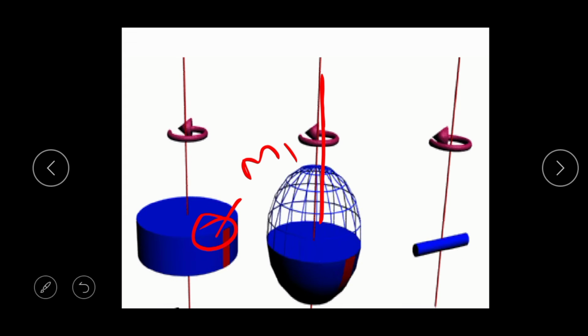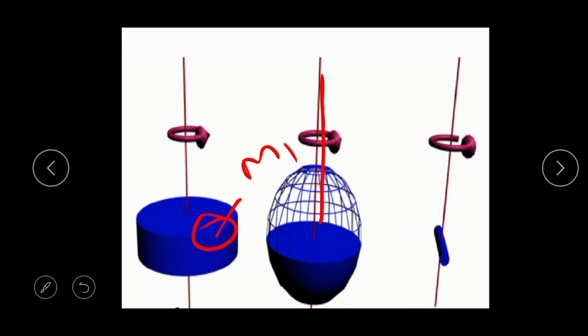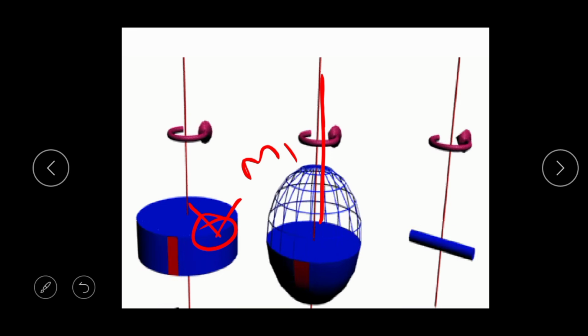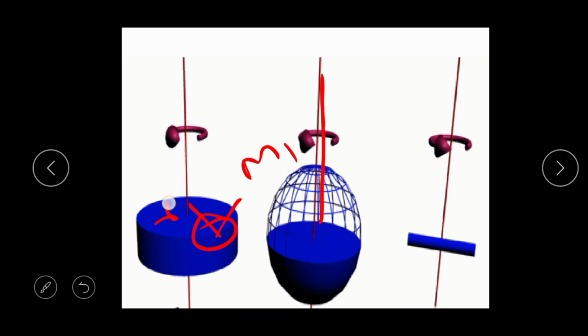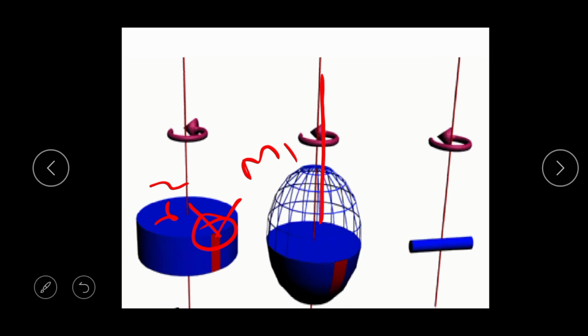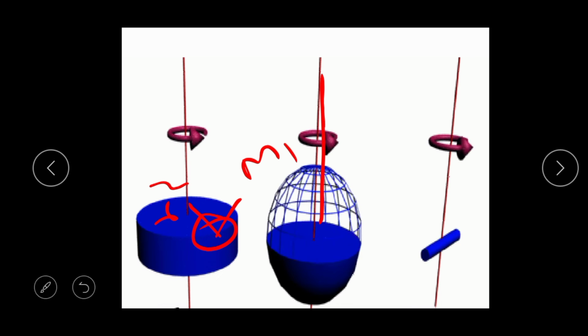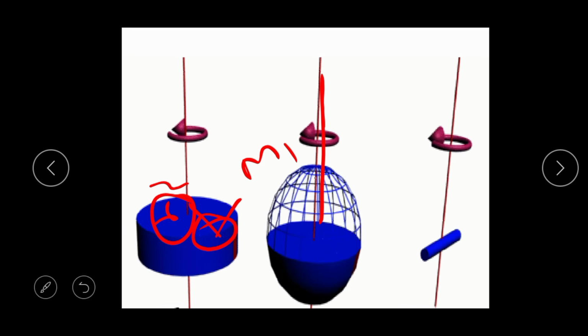If we say the particle here has mass m1, then it will be the product with the square of the distance from this axis. Let the distance from this axis be r.